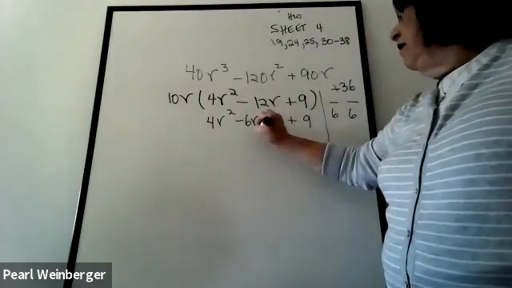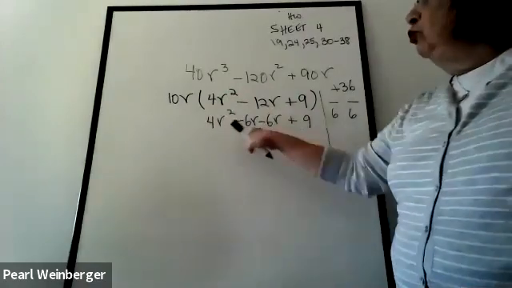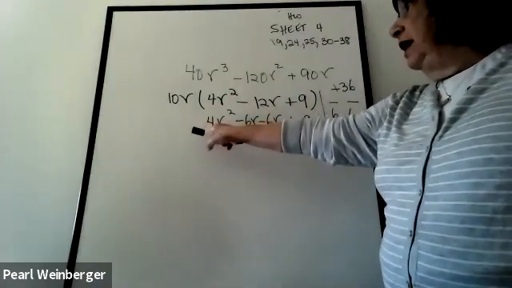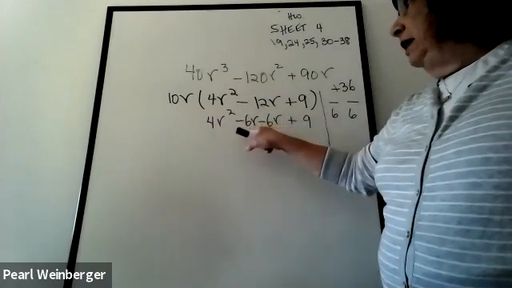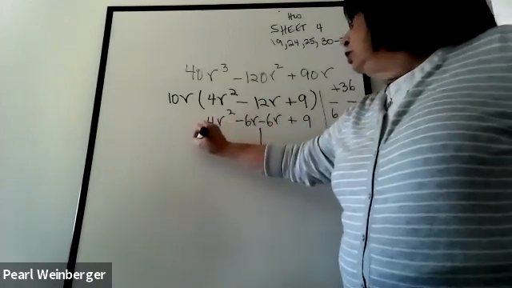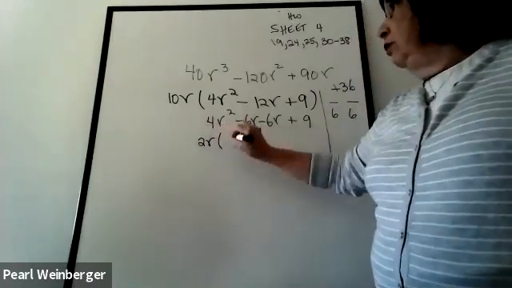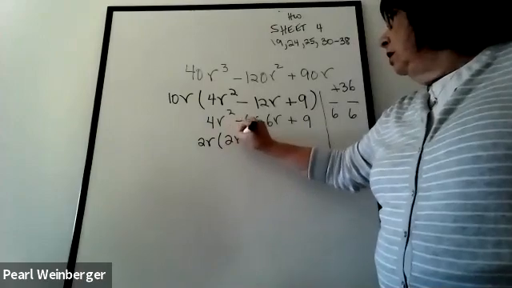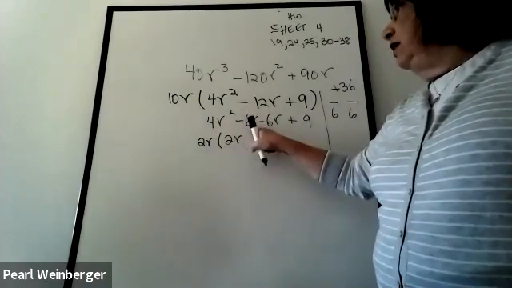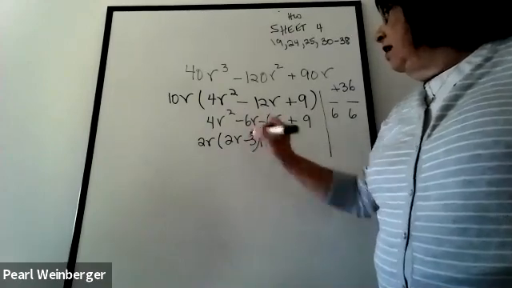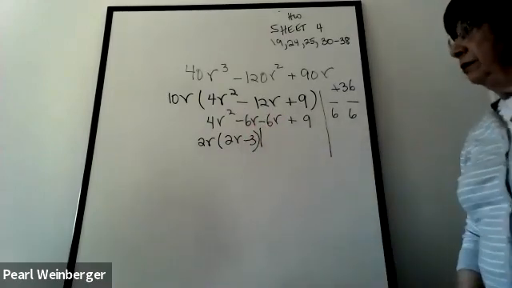So now I have my 4 terms, so I can do grouping. In the first group, I have 4r squared minus 6r. 2r is a common factor, and 2r into 4r squared is 2r, and 2r into negative 6r is negative 3, and the r's cancel out.